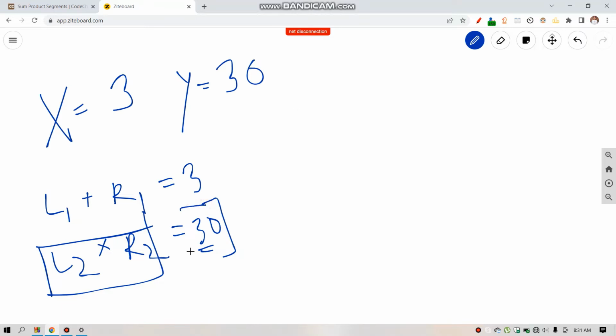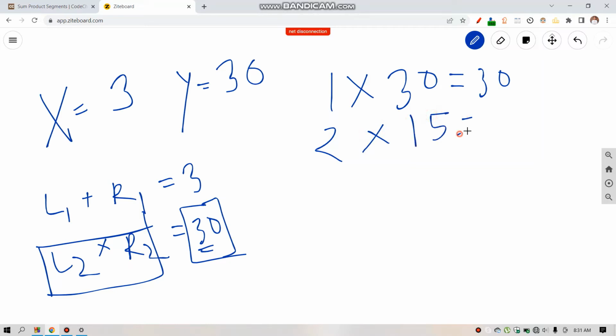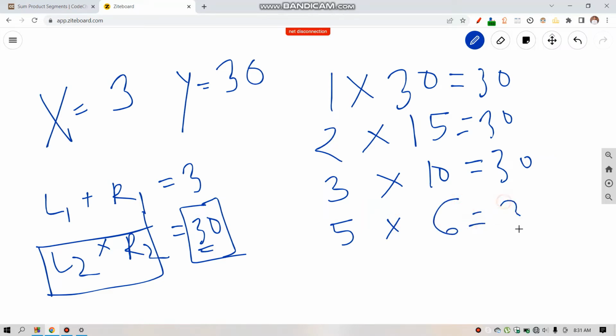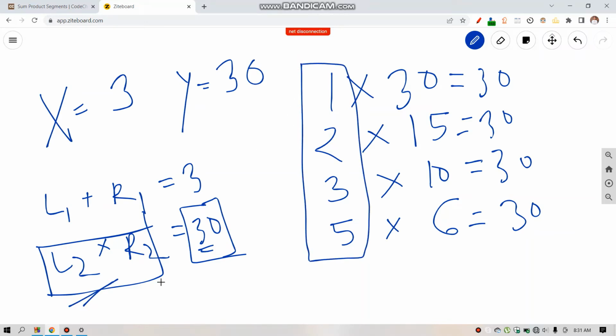Suppose we want the value 30, so 1 cross 30 is 30, then 2 cross 15 is 30, then 3 cross 10 is 30, then 5 cross 6 is 30. So these are all the possible values from which we can make 30. So our L2 will be one of these and our R2 will be one of these values.